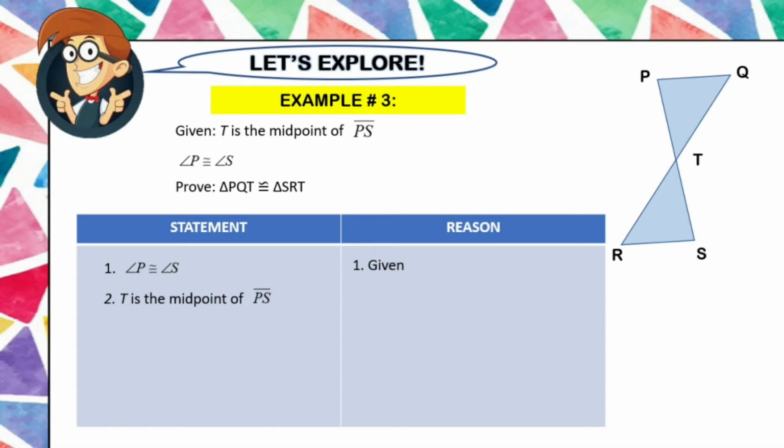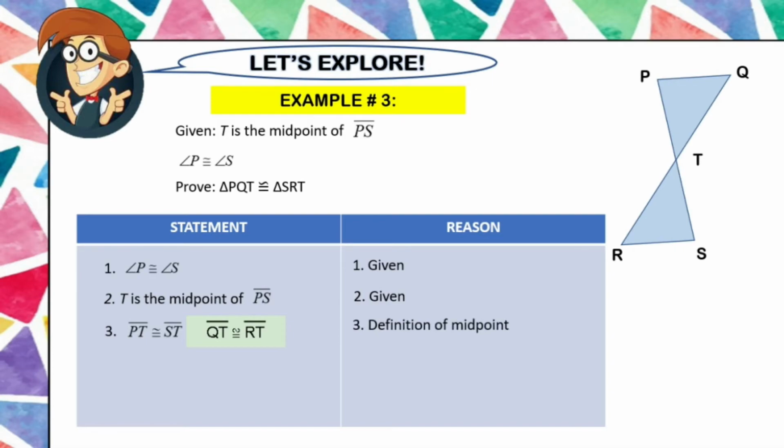Both statements are already given. For the third statement, we have segment PT is congruent to segment HT, and QT is congruent to segment RT. It's because midpoint divides a segment into two congruent segments.